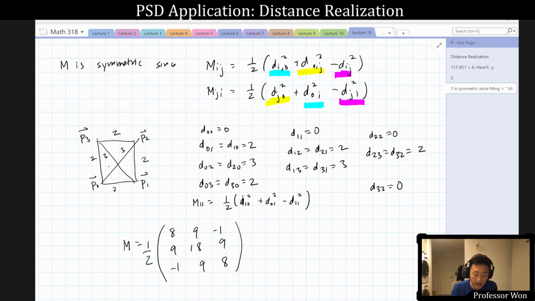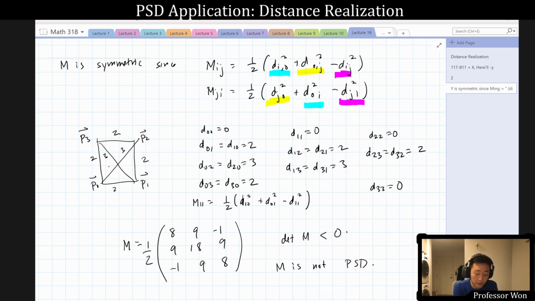Okay, and the determinant of this matrix M is actually negative, which means that M is not positive semi-definite. Which means by Schoenberg's theorem, it's not possible to find a set of 4 points with this set of distances inside of R3.